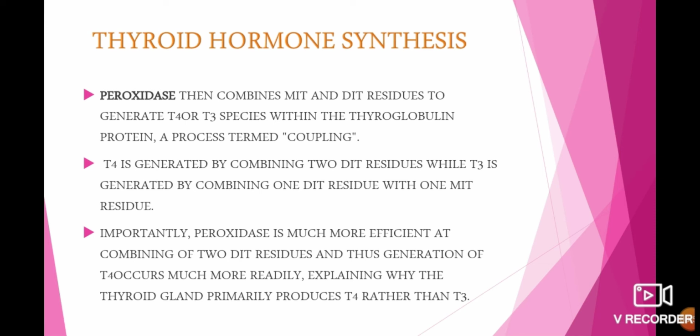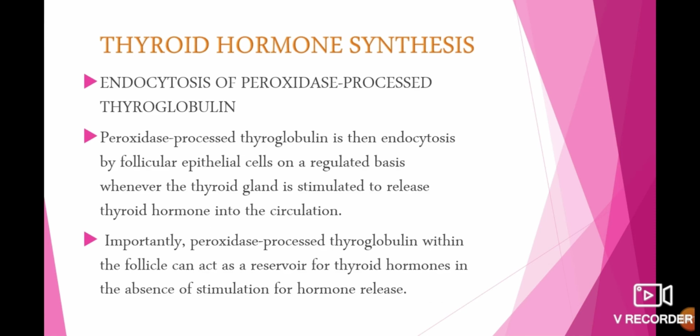Importantly, peroxidase is much more efficient at combining two DIT residues, and thus generation of T4 occurs much more readily, explaining why the thyroid gland primarily produces T4 rather than T3.